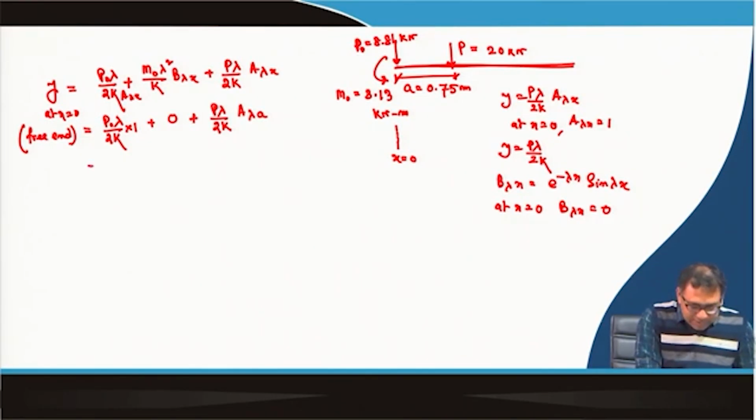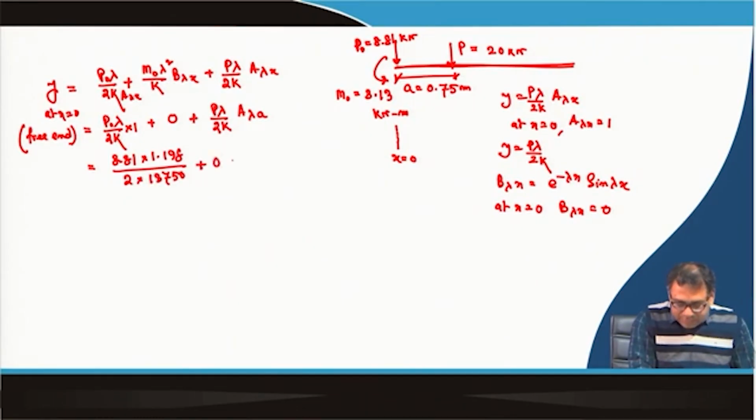So, I can write that P0 is 8.81, lambda is 1.198, divided by 2 into 13750, then plus 0, plus P is equal to 20 kilonewton into lambda is 1.198 divided by 2 into 13750.